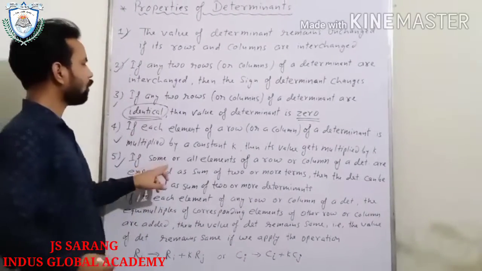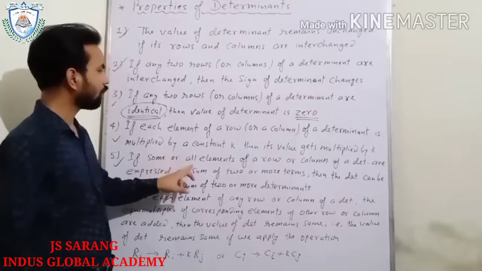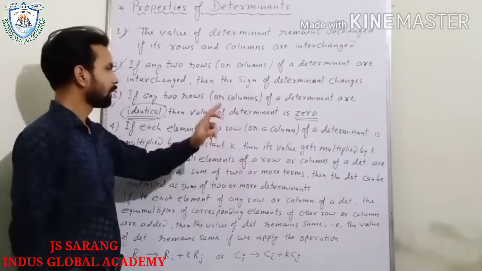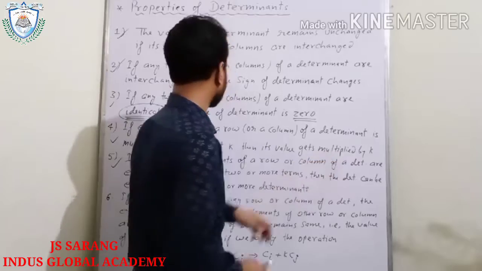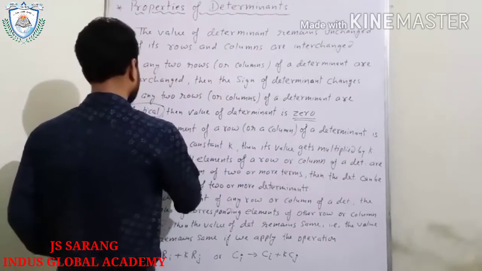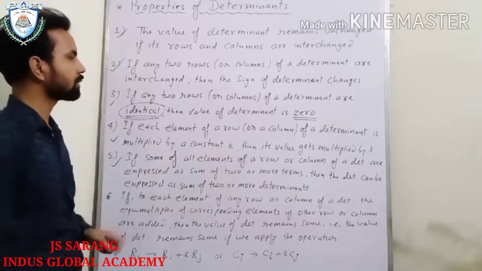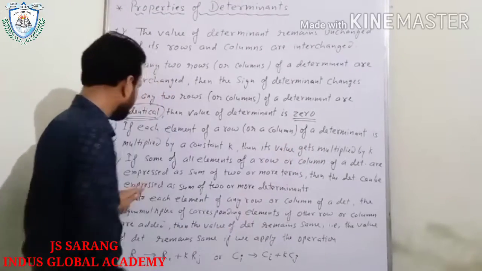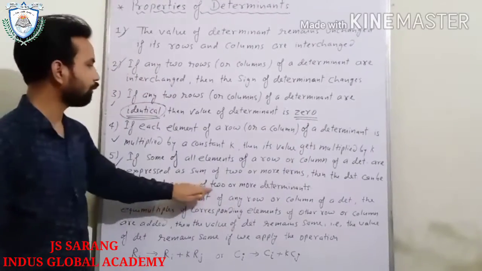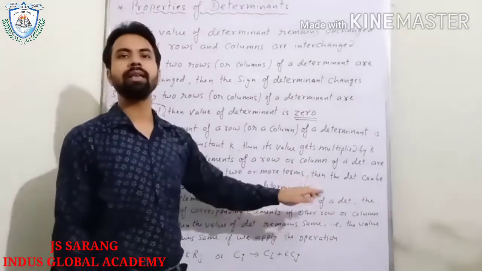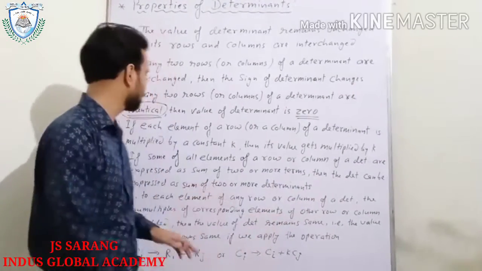Okay. Now the fifth property. If some or all the elements of a row or column of a determinant are expressed as a sum of two or more terms, then the determinant can be expressed as a sum of two or more determinants. What is the meaning of this?